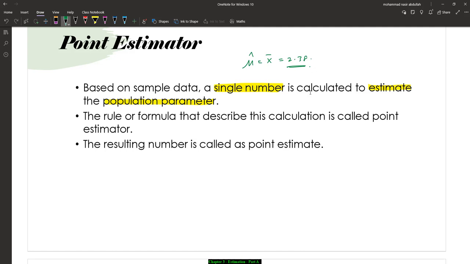The rule or formula that describes this calculation we call a point estimator, and the resulting number we call the point estimate. Again, this is the point estimator, and this is the point estimate. This is the definition of point estimator and point estimate.